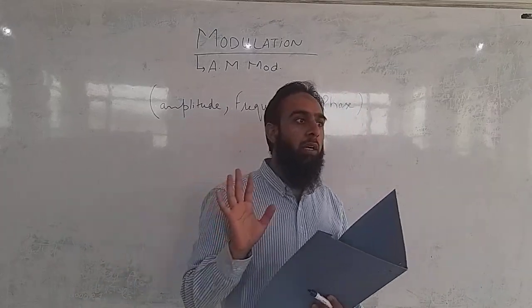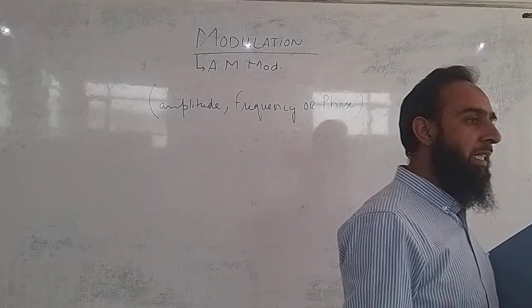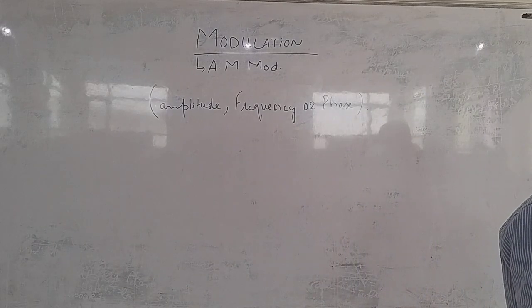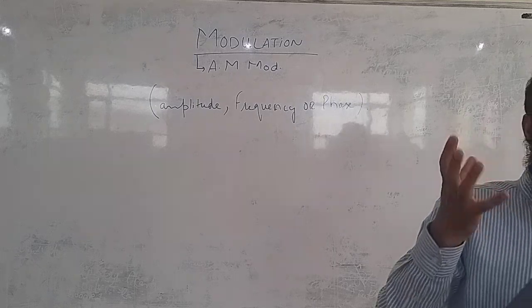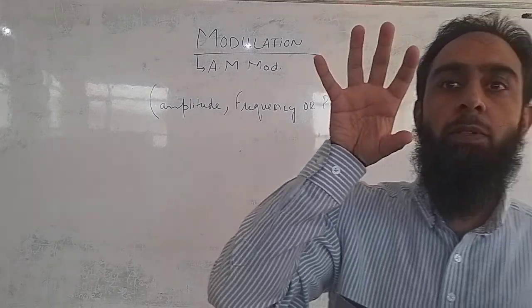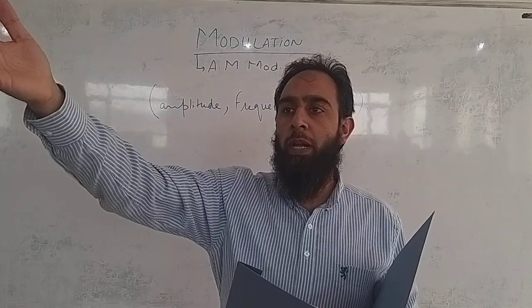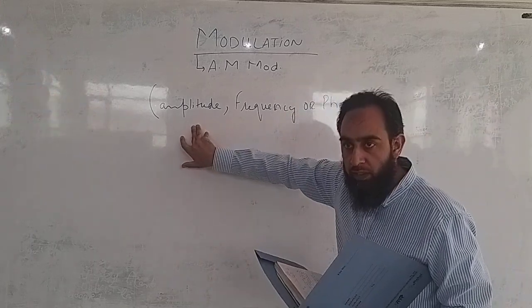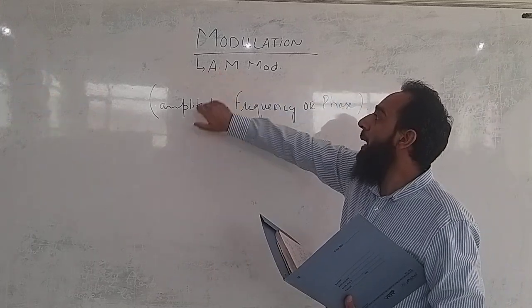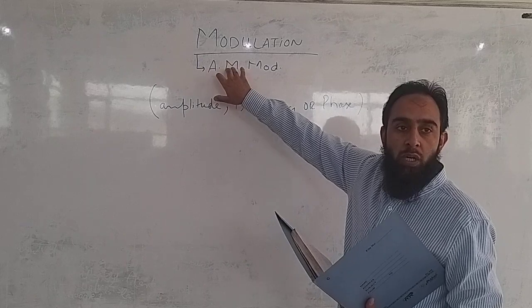Is that okay? Quite logical? Because any signal is nothing but amplitude variations. So if we are able to transfer the amplitude variations into some parameter, which can be the amplitude of the carrier wave, then it becomes amplitude modulation.